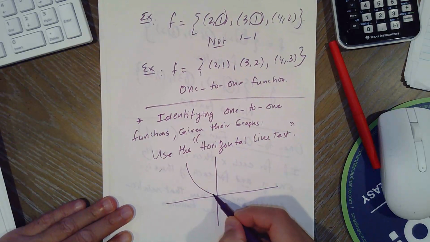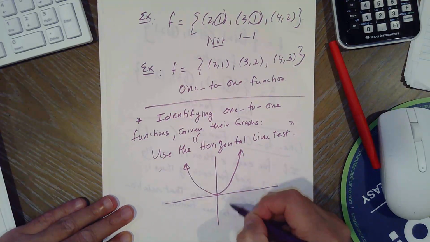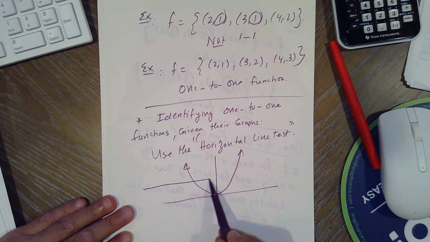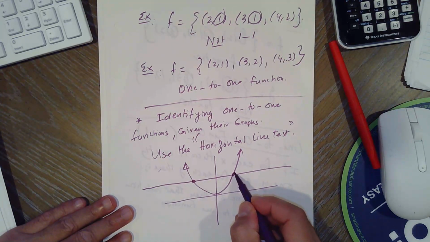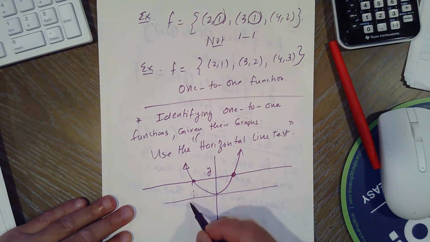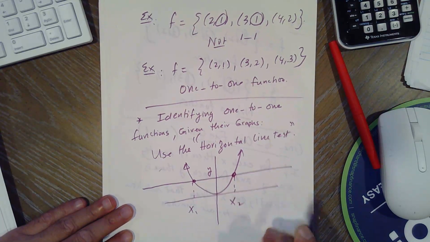You can see this is a function. It passes the vertical line test, but it doesn't pass the horizontal line test because this horizontal line crosses the graph more than once. For the same y value, there are two different x values.